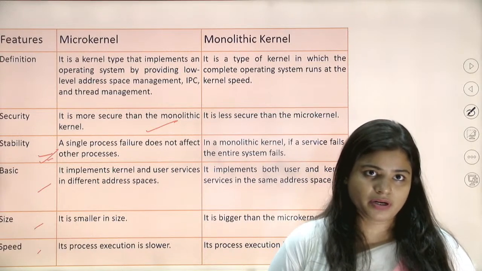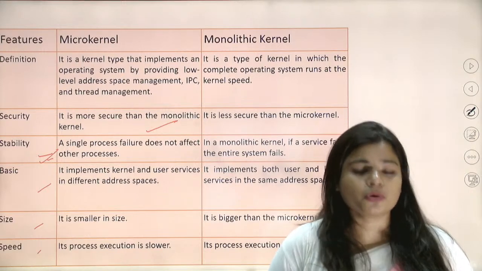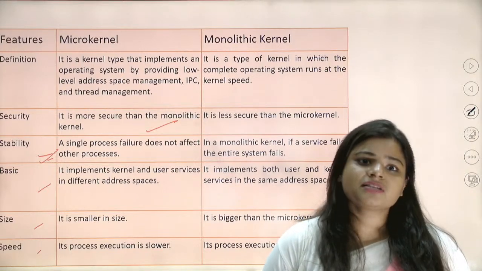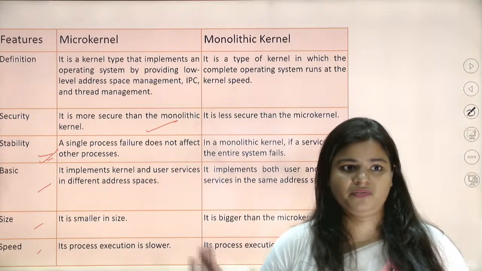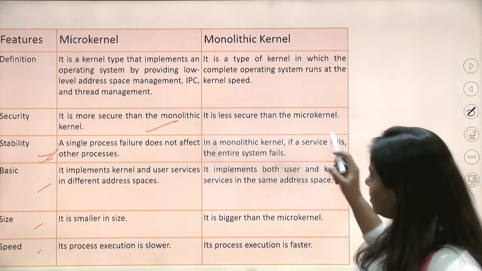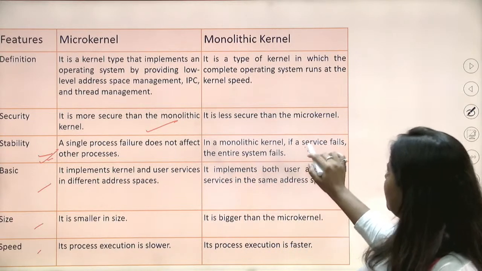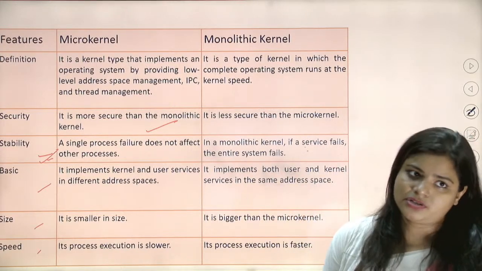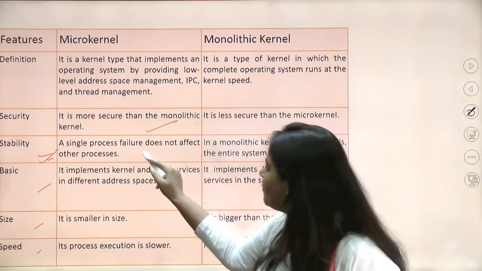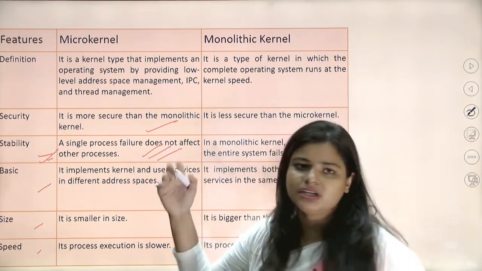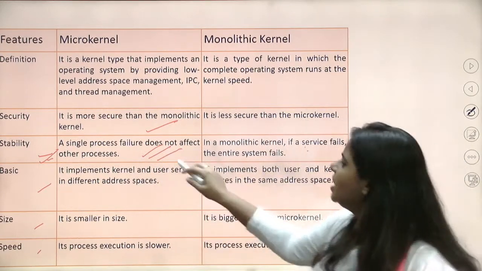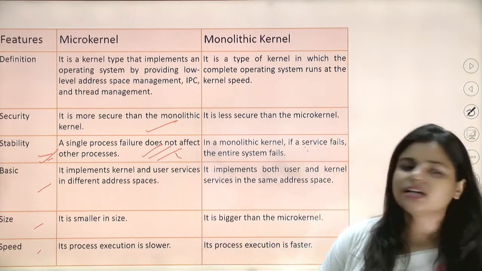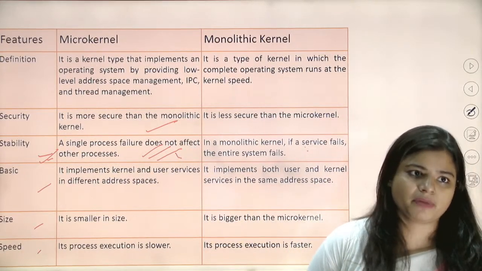But in a monolithic kernel, if a service fails, the entire system will fail. Means any single service failing will crash the system. But here in the microkernel we have a very good division between the layers, so if one layer has any kind of issue, the other layers will work in a proper manner.